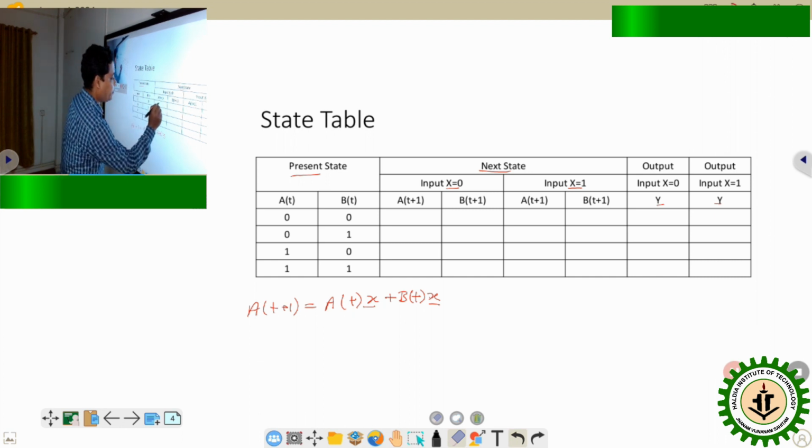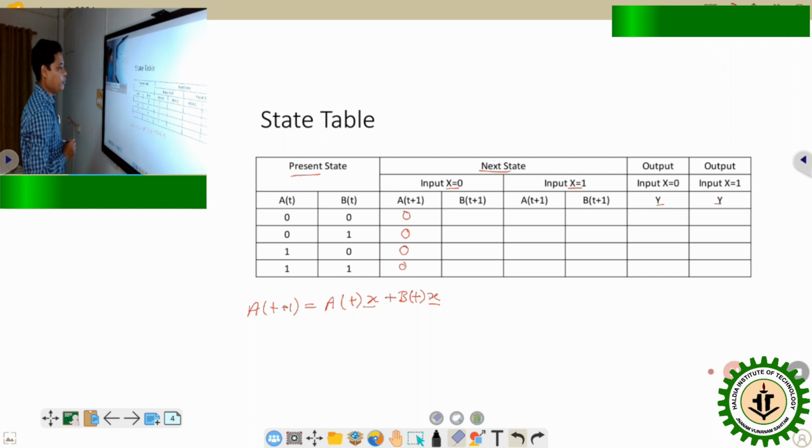So here we can write the next state A(t+1) equals 0 if the X input equals 0.